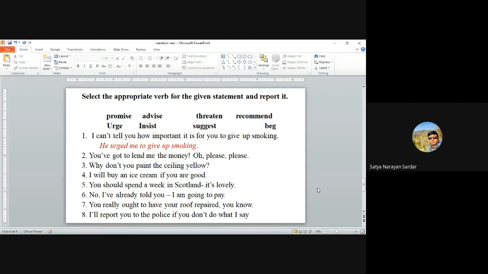Number four, "I'll buy you an ice cream if you are good." Promise. He promised me to buy an ice cream. Number five, "You should spend a week in Scotland. It's lovely." Recommend. He recommended me to spend a week in Scotland.